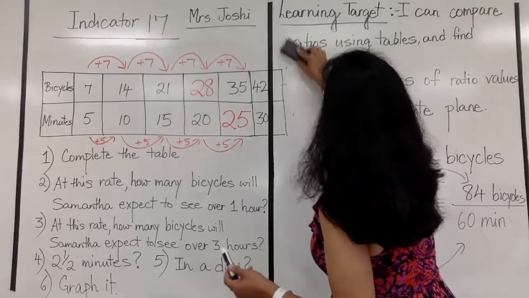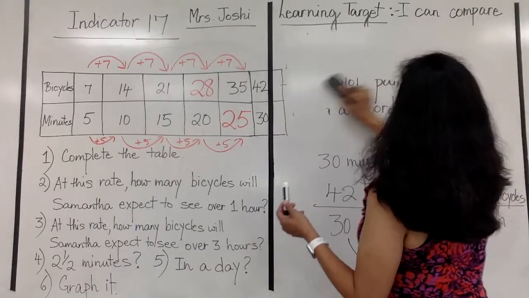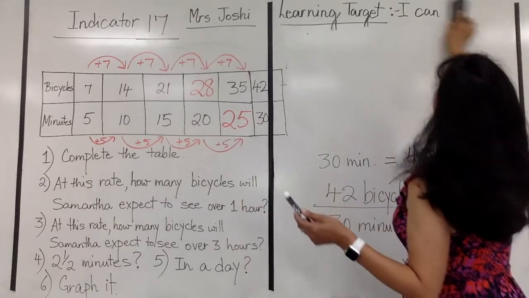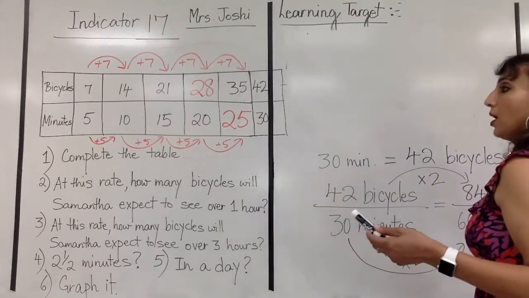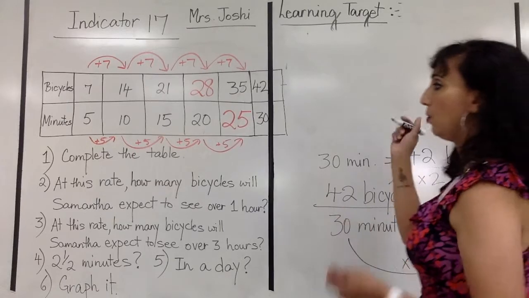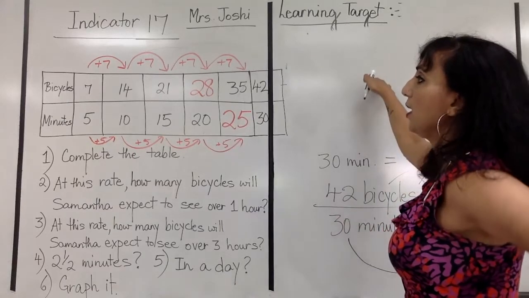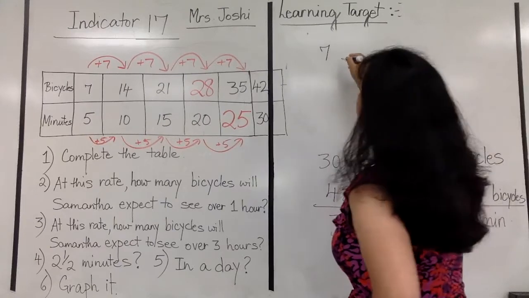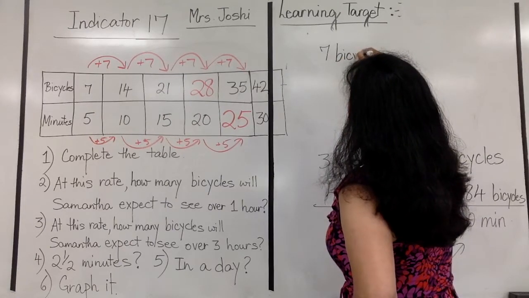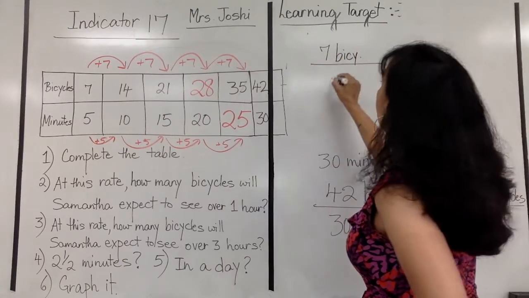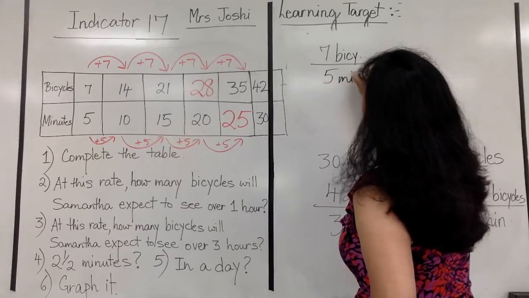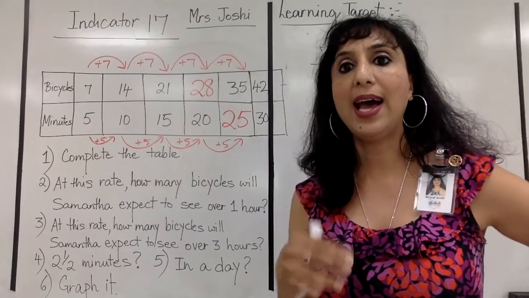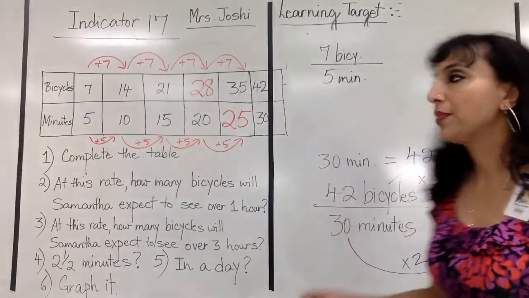I'm just going to remove this. Well, I could do another thing. I could do 7 bicycles over 5 minutes, and I know that there are 60 minutes in an hour.